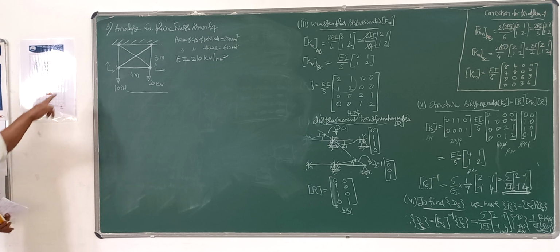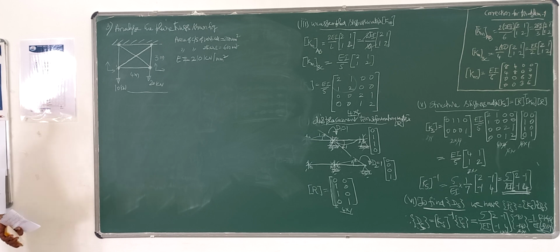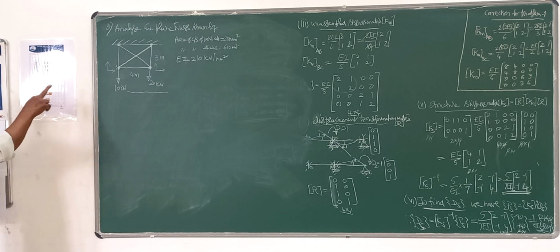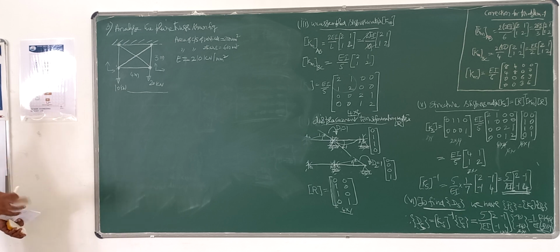Whereas static indeterminacy of this particular thing was only 1, which you saw in the previous example, flexibility method. Static indeterminacy was only 1, unknown was only 1 there. Whereas here, kinematic indeterminacy is 4 unknowns. That's why this is a little bit cumbersome when compared to flexibility method.